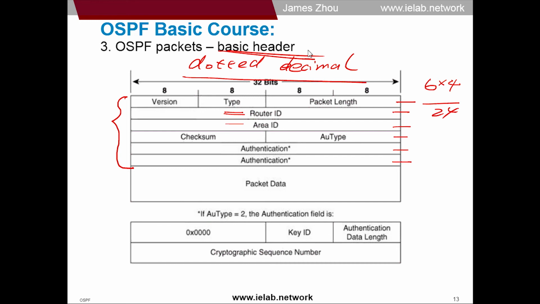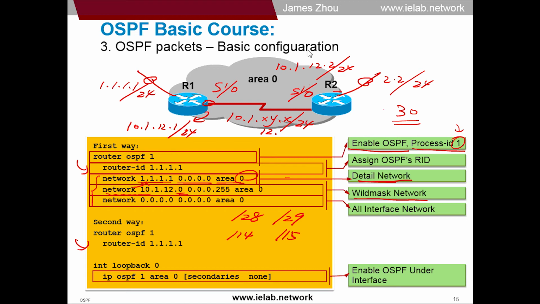Example: if one side is area 513, this is a Cisco device. The other side is Juniper or Huawei.